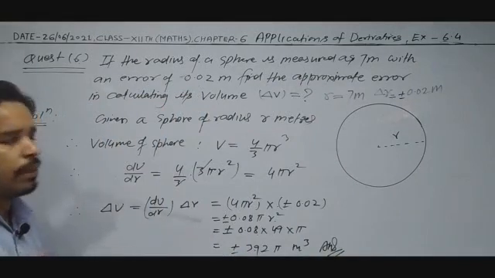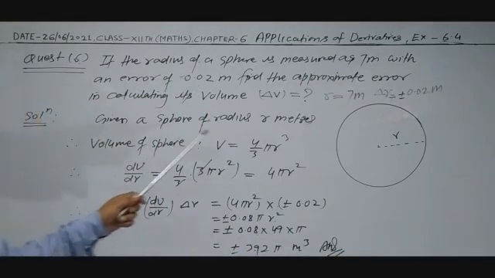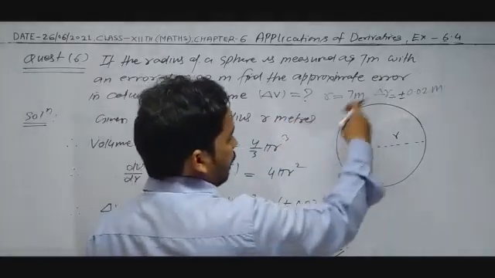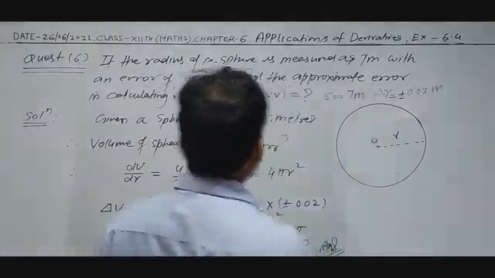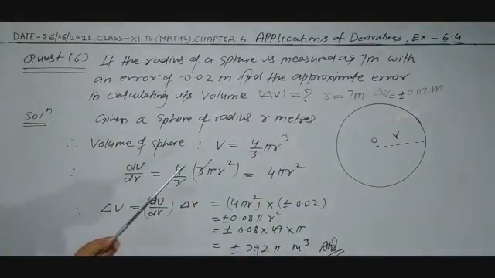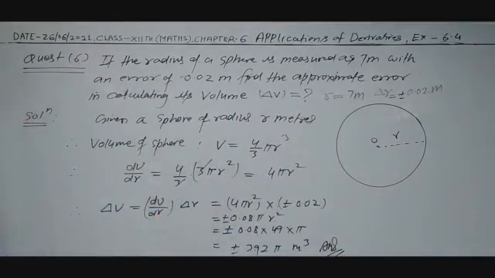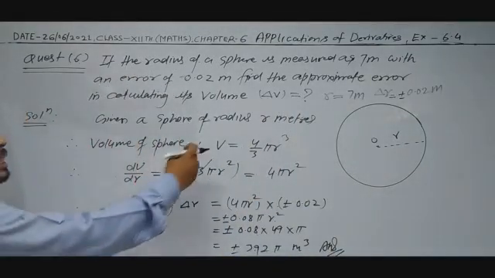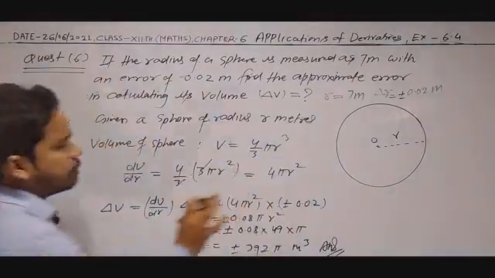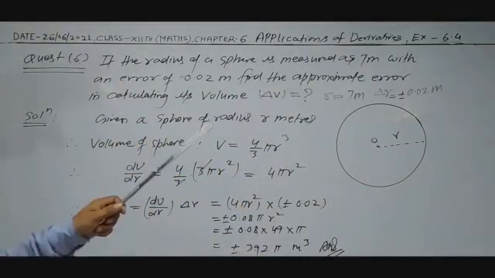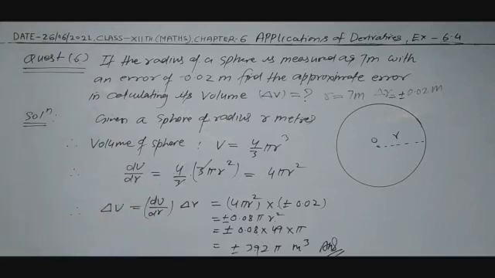First of all, consider a sphere having radius r meter with center O, suppose. Then the volume of the sphere you can calculate by the formula: 4 by 3 pi r cube. When you differentiate this volume with respect to r, the radius, because volume varies with radius.